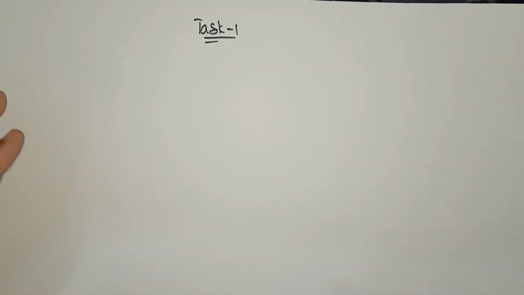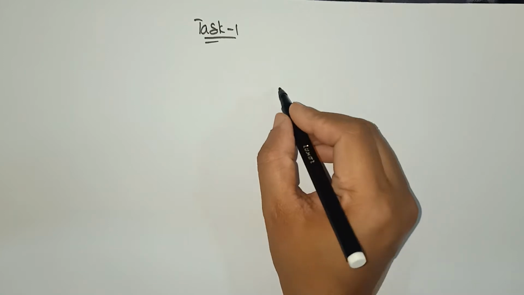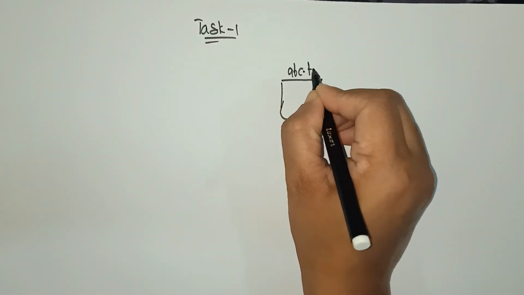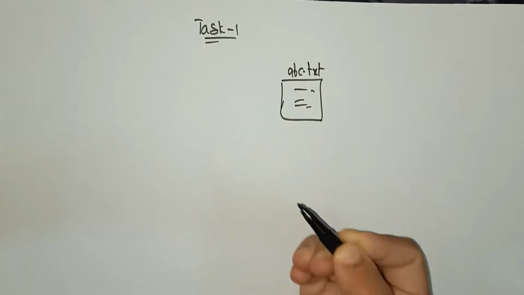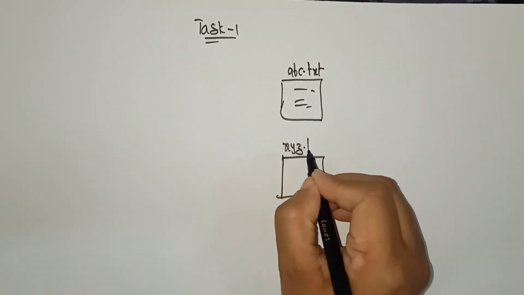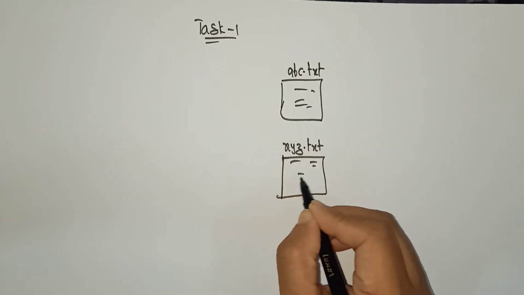Okay, so task 1. I'm explaining about Java streams. Let's see the programs on Java streams by considering a task. This is a text file, abc.txt, and here some xyz.txt file is there.